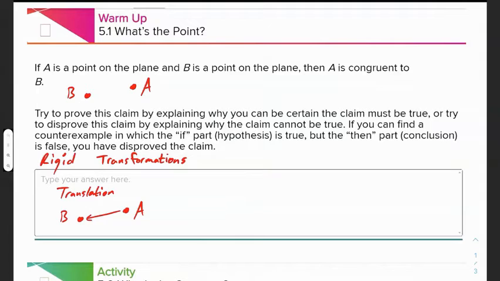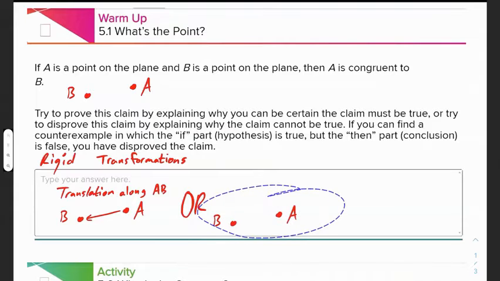So, translation along AB, which is the directed line segment.